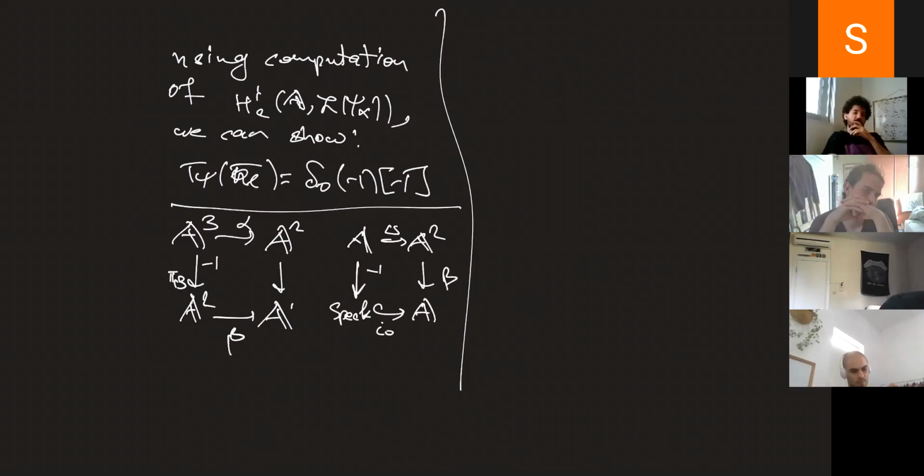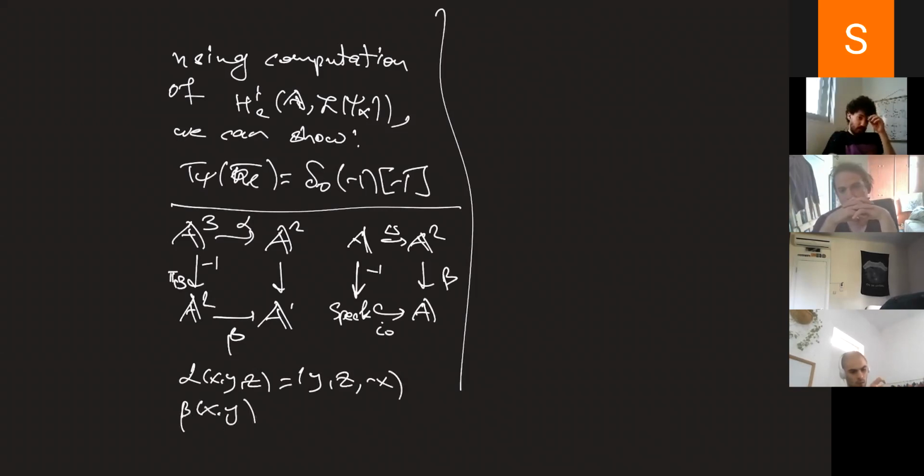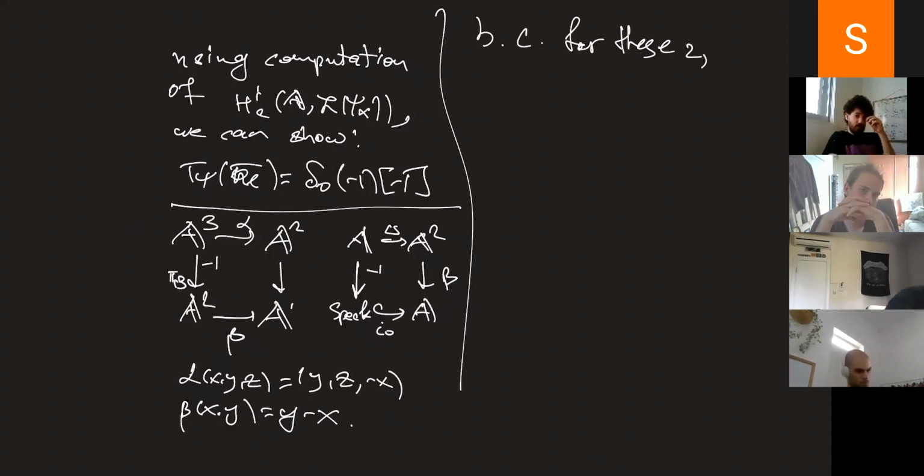So here, alpha takes x, y, z to y, z minus x, and beta of x, y equals y minus x. By base change of these two, we get some very ugly formula for the inverse Fourier transform of the Fourier transform.